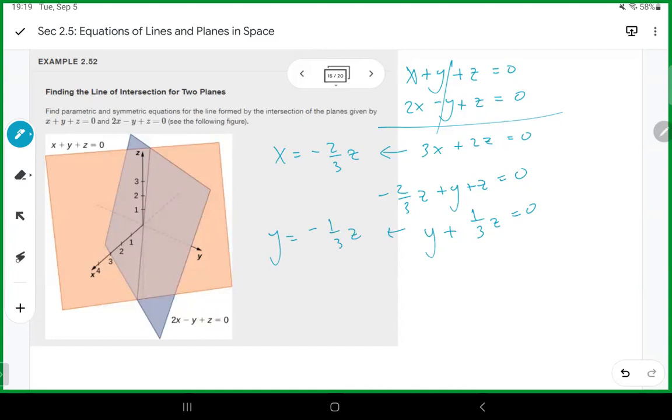So if we plug both those into, I guess either equation is fine. Now we have two variables, x, y in terms of z, and now we find z in terms of t. So now we have to define z in terms of t.